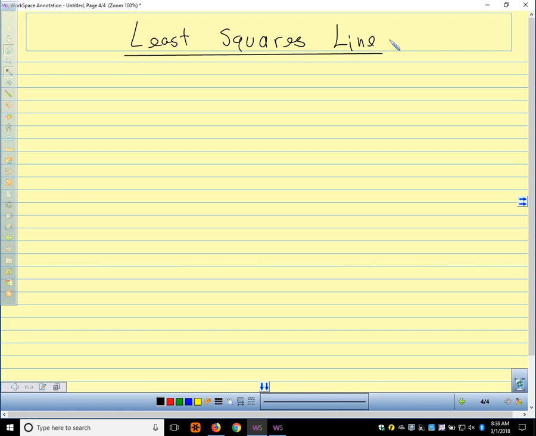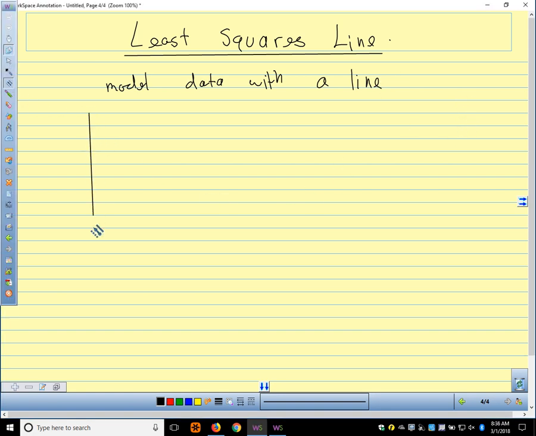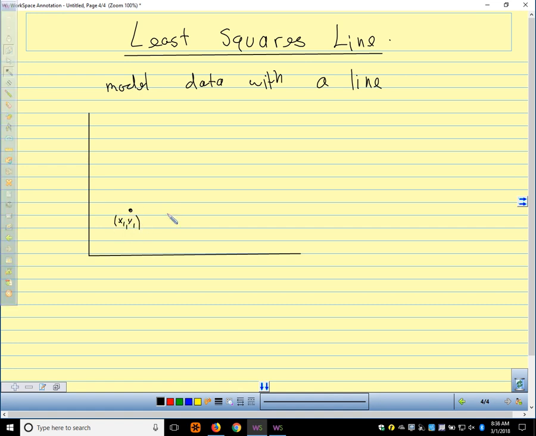All right. So with least squares lines, we want to model data with a line. And the reason it's called the least squares line is because of what we do to fit the data. We have a point x1, y1. I'm just going to draw a few points here: x2, y2, x3, y3. You use it a lot in stats.